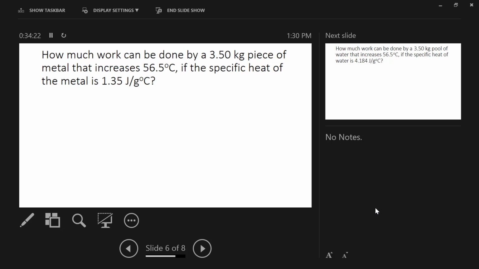And we're going to say that work is equal to 267,000 joules. We can do 267,000 joules of work. Okay.